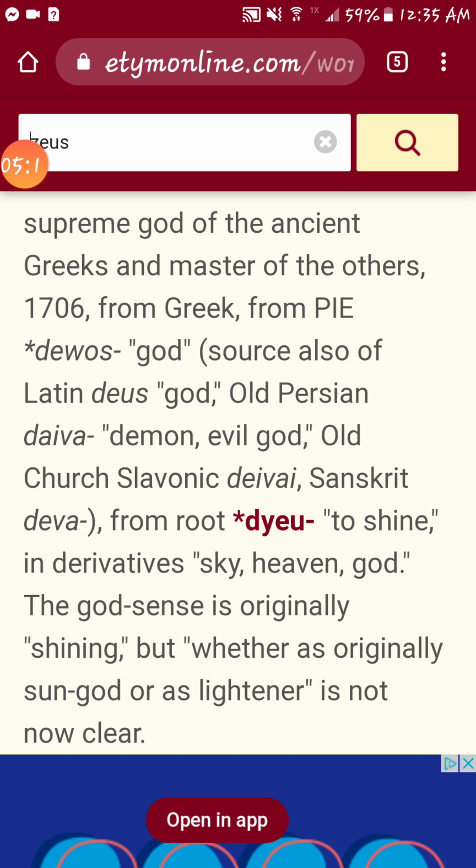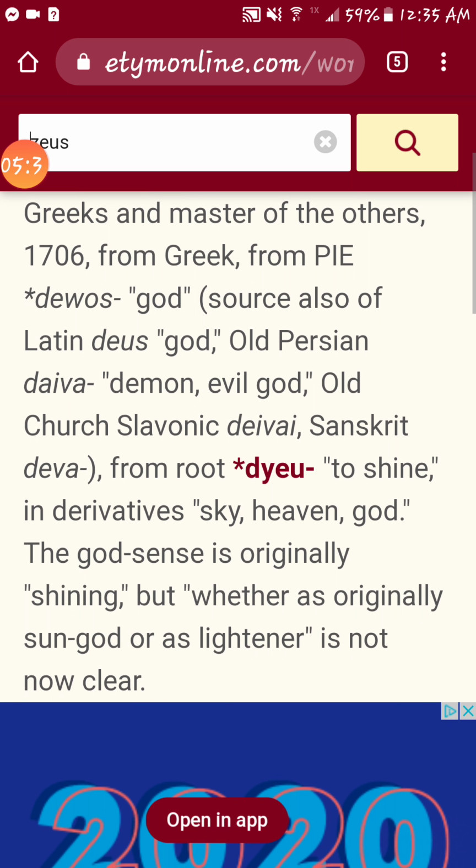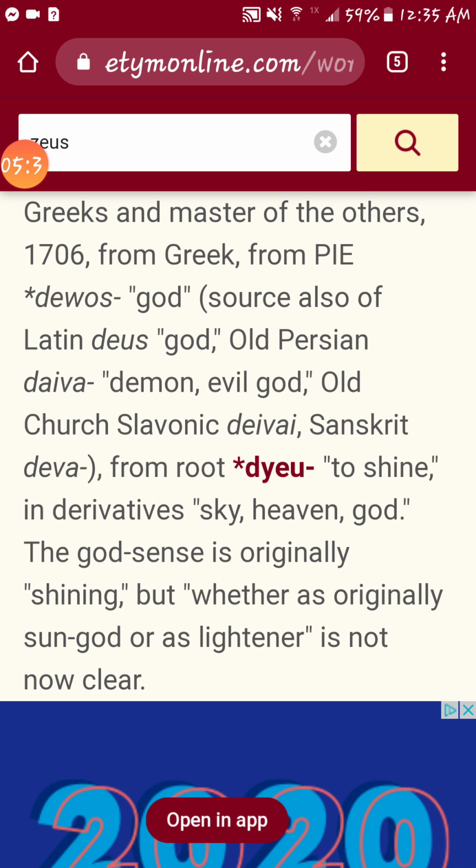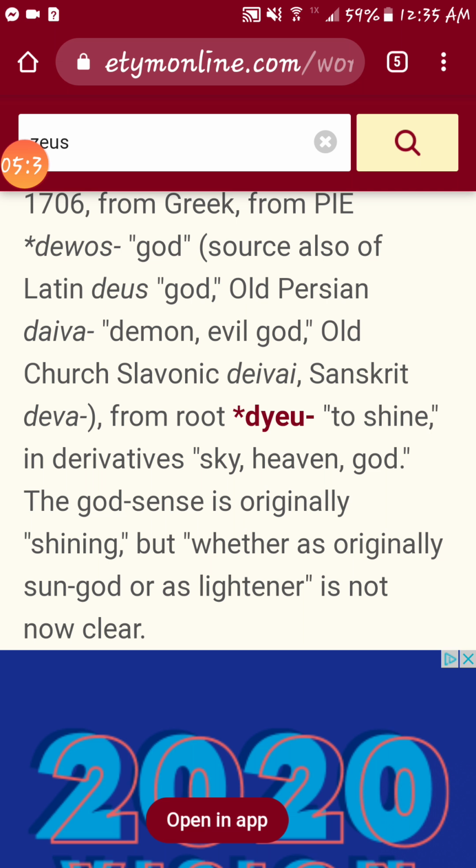Remember I said when it says source also, so deus is also a source from Latin deus, God, Old Persian daiva, demon, evil god, Old Church Slavonic deva, Sanskrit deva, from root dyeu, to shine.